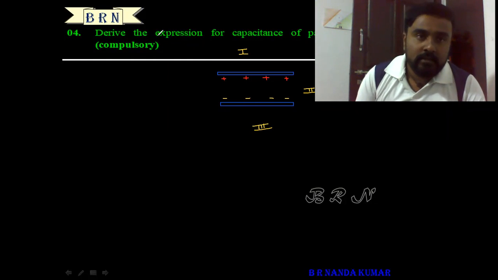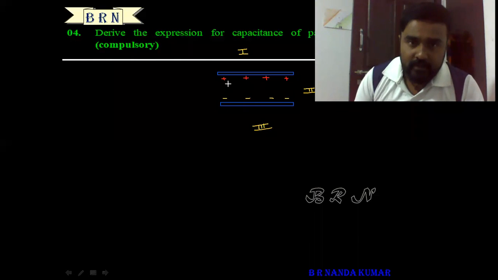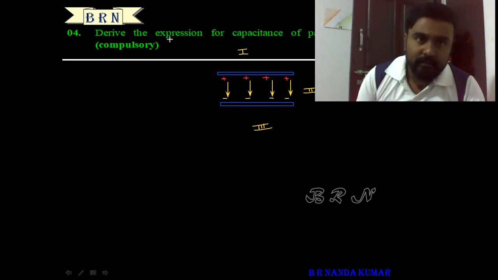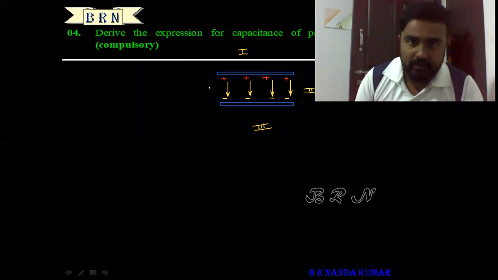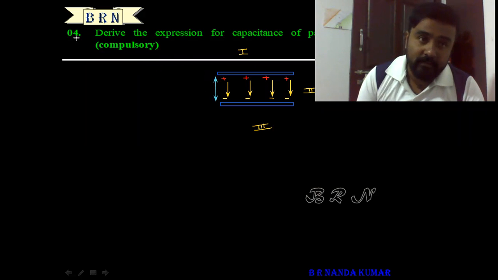In between the plates, how does the electric field come? Straight, parallel and equidistant. Actually, a uniform electric field is produced. Remember one point well: the separation between the plates should be less than the area of each plate.